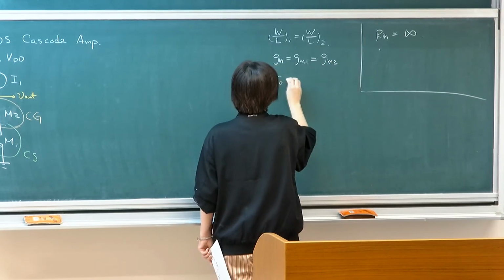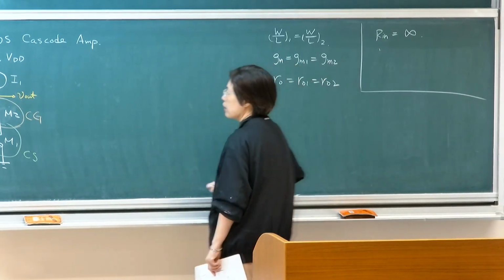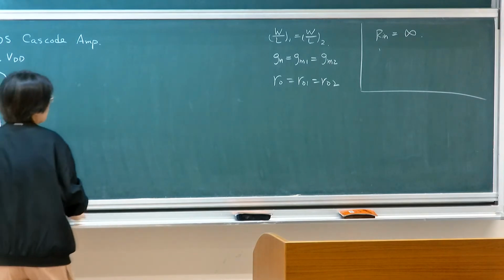And RO is the same. You can actually include this. There'll be minor difference, but the eventual results will be the same. If you include both of them, it doesn't really make too much difference. I should say, if two devices have different RO and GM, it will be the sum of all.